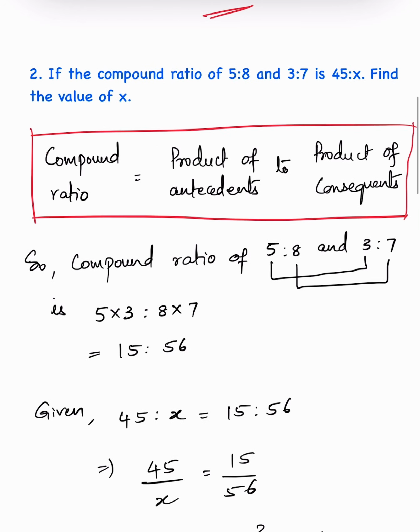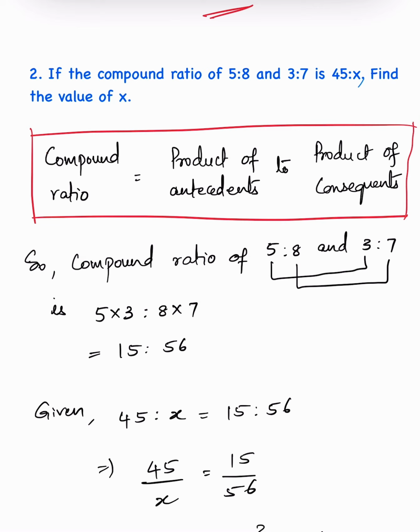If the compound ratio of 5:8 and 3:7 is 45:x, find the value of x. What is a compound ratio? Two simple ratios expressed in the form of a single ratio is called the compound ratio.